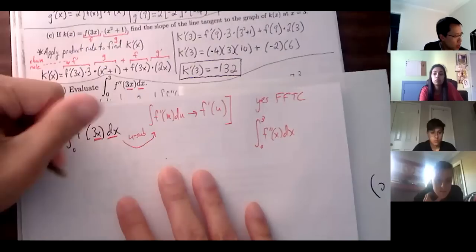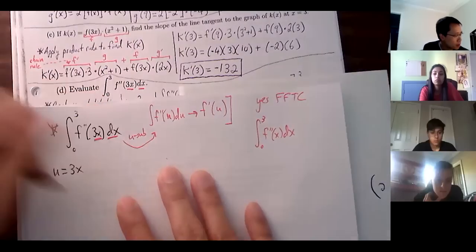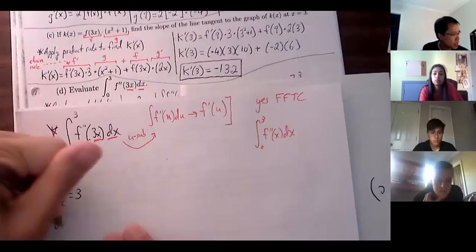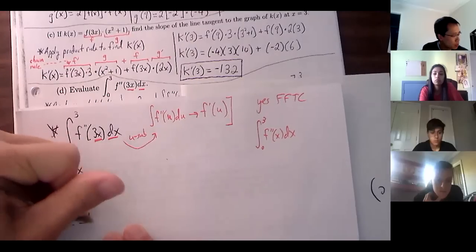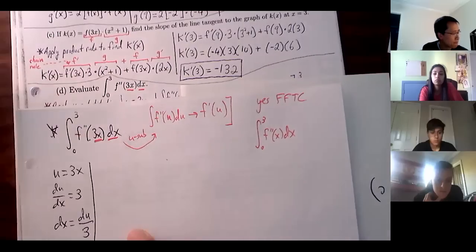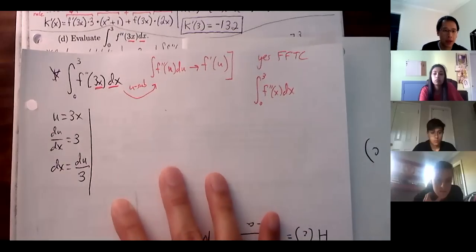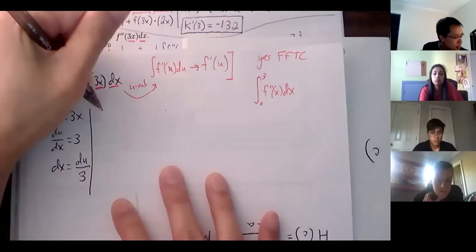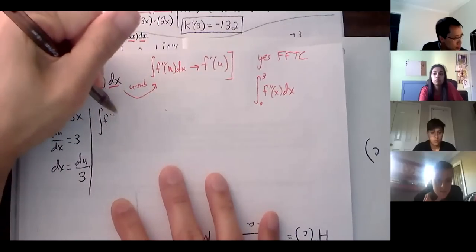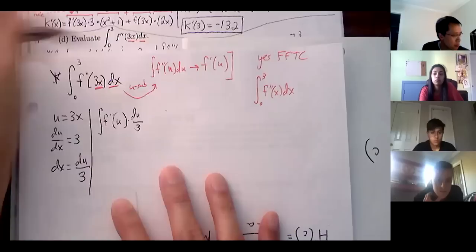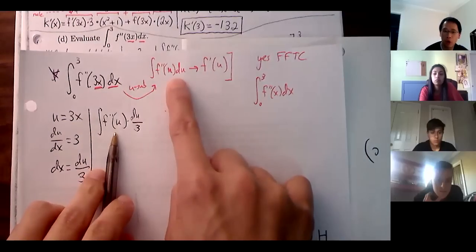All right, so we let our u value be 3x. Derivative is 3. Solve for dx. Cross multiply, solve for dx, we get du over 3. All right, we make our substitutions here. Okay, so we're getting closer to the form that we want, right?